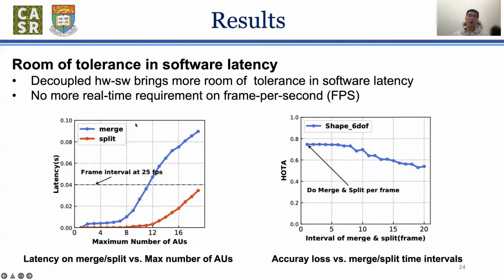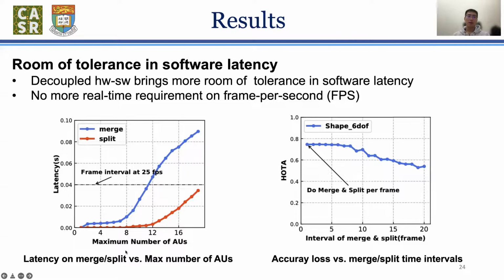This is because our hardware is continuously checking events. So we no longer rely on the frames per second concept to show that our system can run in real time.